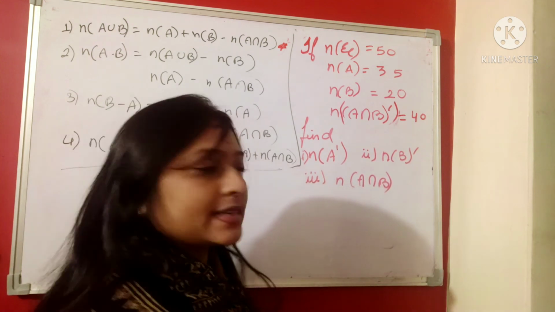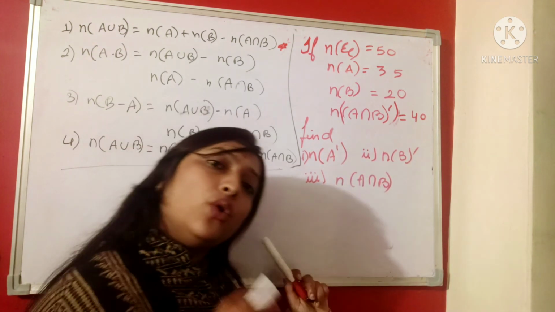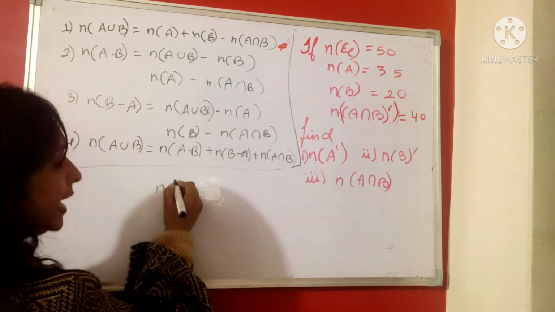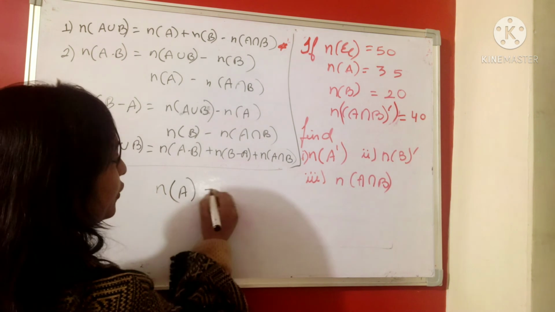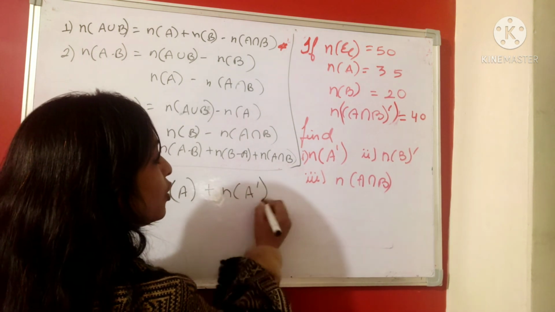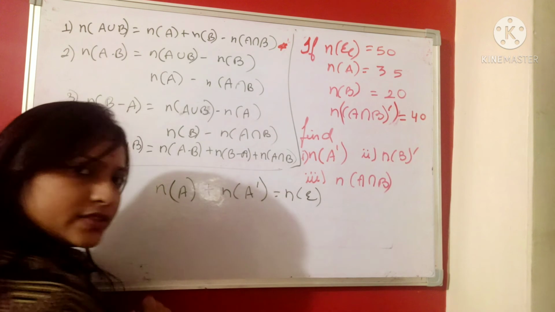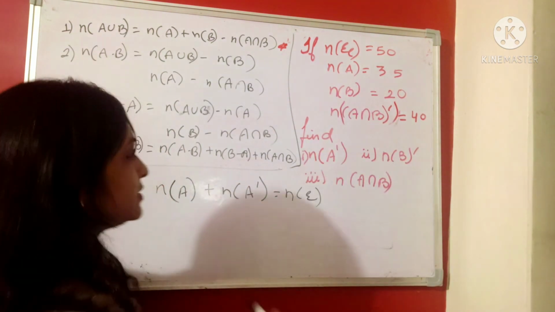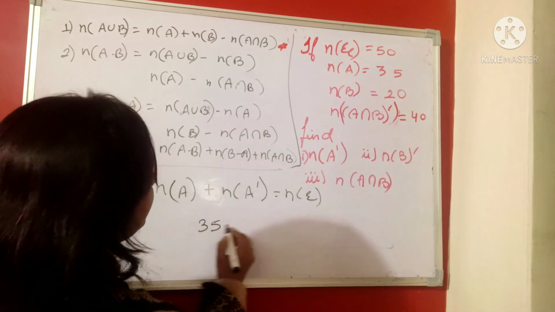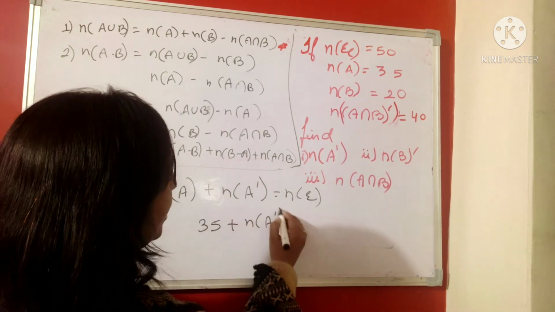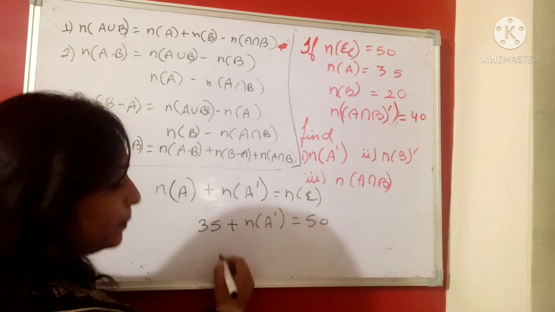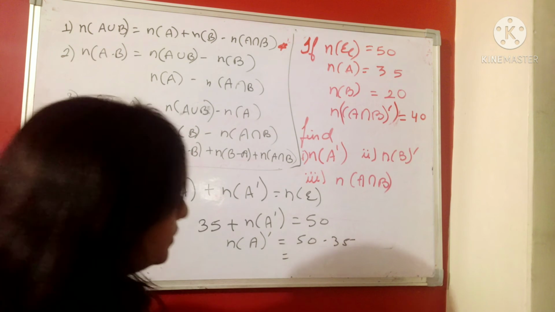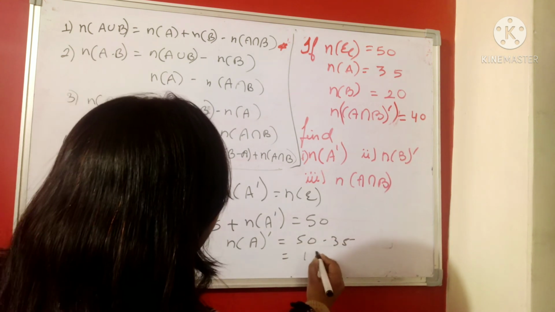We have already discussed that the complement of A will contain all the elements of the universal set except those of A. It means that the cardinal number of A plus the cardinal number of A complement should equal the universal set, right? The cardinal number of A is given, the universal set is given. So 35 plus the cardinal number of A complement equals 50. Then simply find the value of A complement: 50 minus 35, which gives 15.